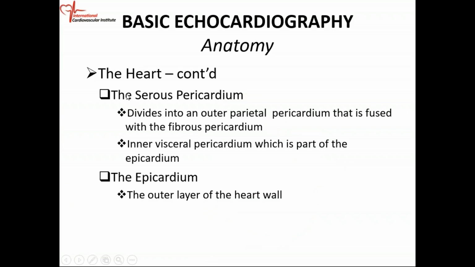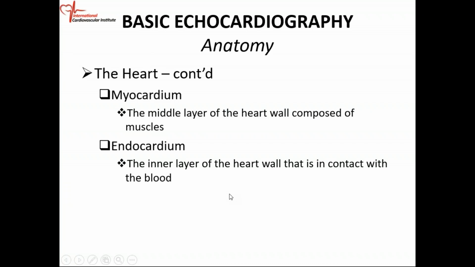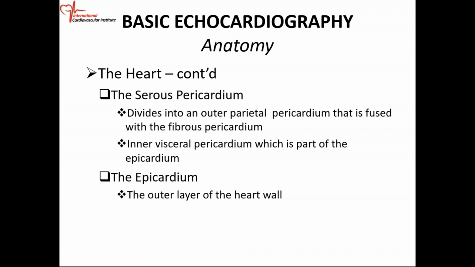So we talk about the serous pericardium, which divides into the outer parietal pericardium and then the inner visceral pericardium. Then you get to the epicardium, which is the outermost layer of the heart wall. The heart wall consists of really three layers.